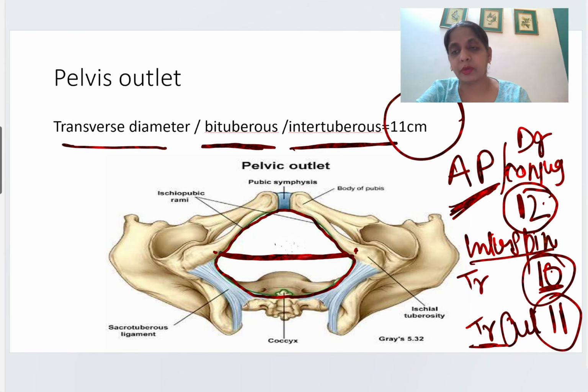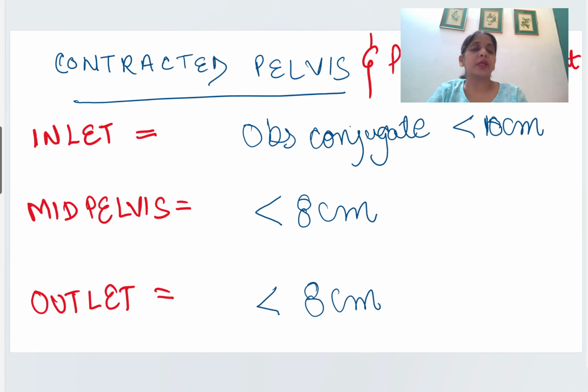Now we will see what a contracted pelvis is. If we measure these diameters and they are less than a certain limit, then it is known as a contracted pelvis. It means the pelvis has less dimension than it should. So normal delivery will not be possible if these diameters are less.